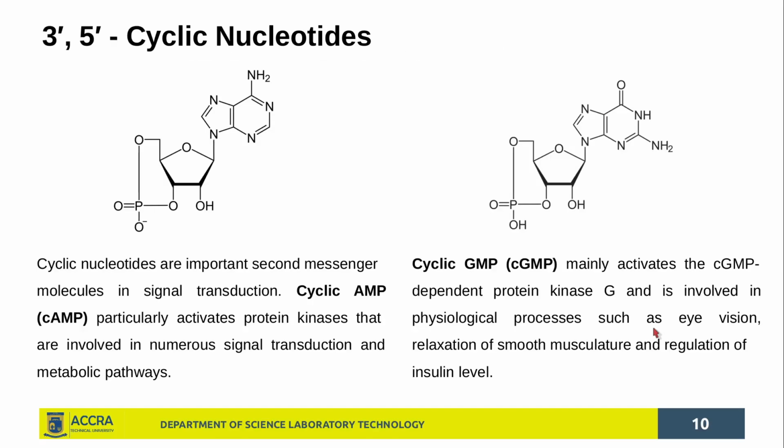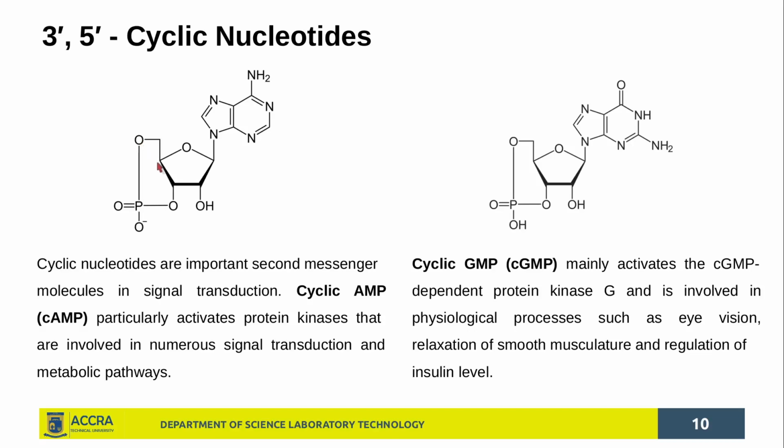All right. Now, apart from this, we also have cyclic nucleotides, where you see the cyclic structure being formed intramolecularly. The phosphate group, which is on carbon number 5, can form an intramolecular cyclic group.